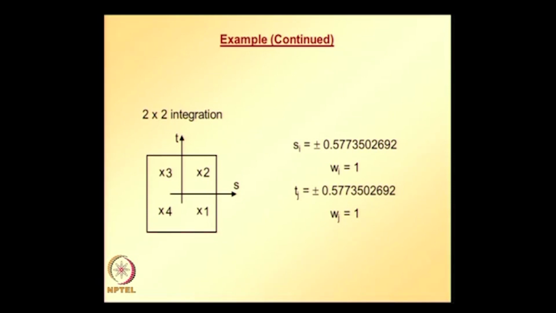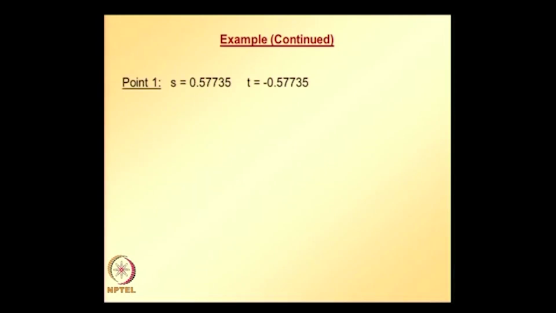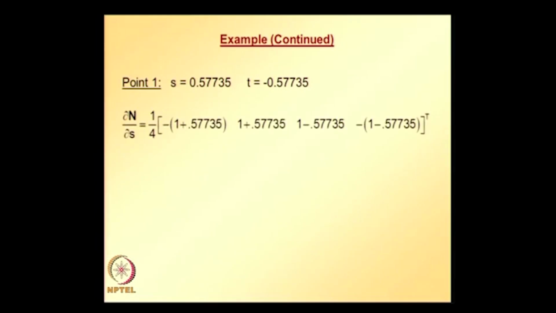So, now let us start with one of the points. Let us say the first point that we chose is S equal to 0.57735, T equal to minus 0.57735. At this location we need to evaluate the Bx vector.